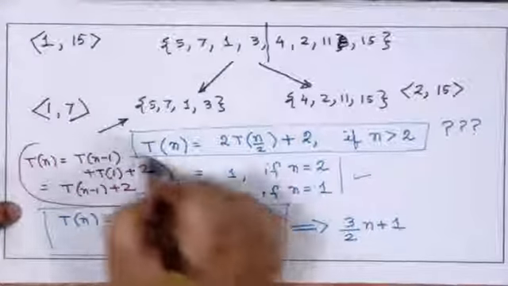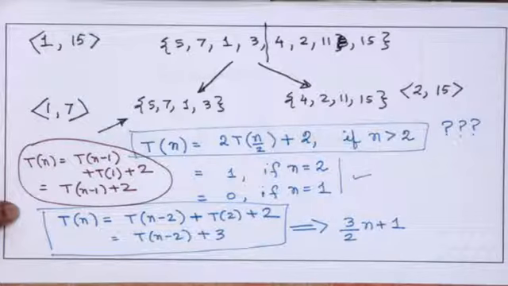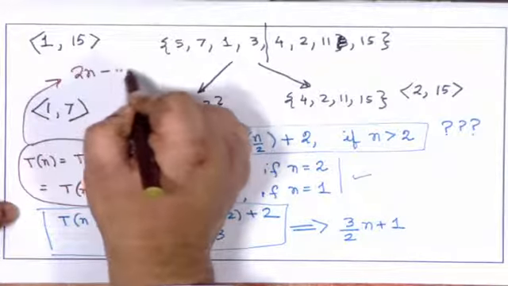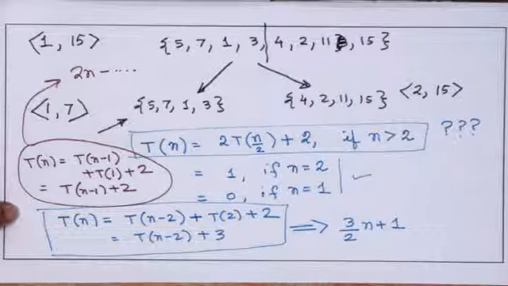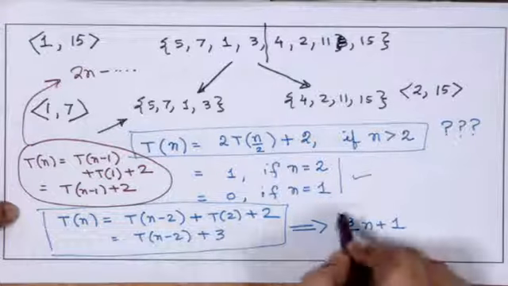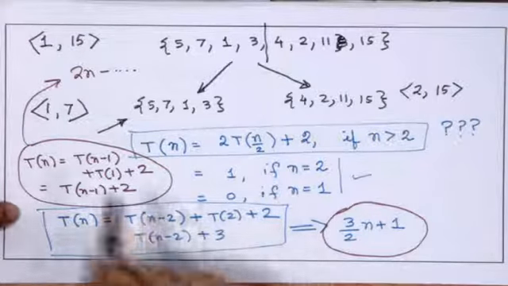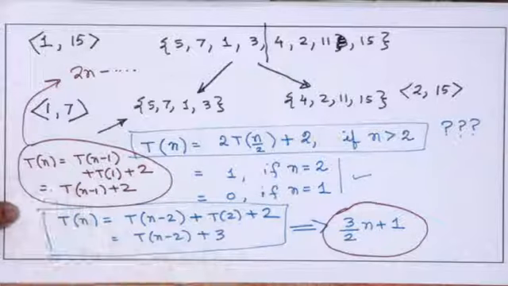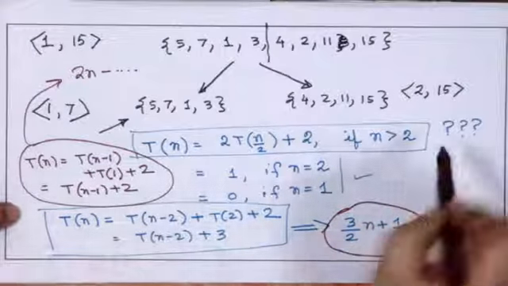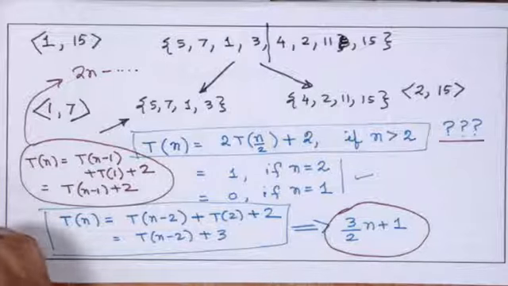This would end up as 2 n minus something, because T 1 would be 0. So, we can easily see that there are 3 splits that we have examined: 1 and n minus 1, 2 and n minus 2, and half half. I have left the half half for you to do as an exercise.